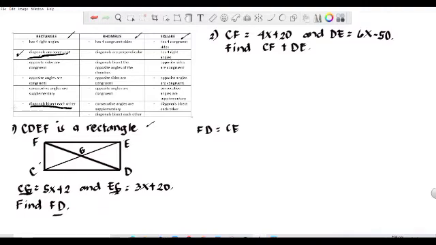And we will apply this one, that the diagonals of a parallelogram or a rectangle bisect each other. So, ibig sabihin, dahil itong isang diagonal natin na FD, it passes through the other diagonal which is CE, at sabi dito, the diagonals bisect each other, nahati si CE into two equal parts.